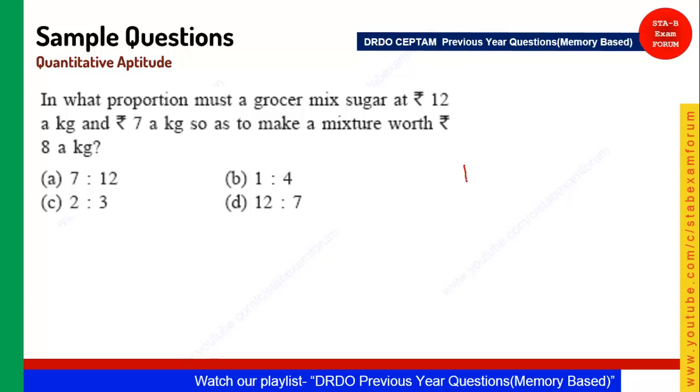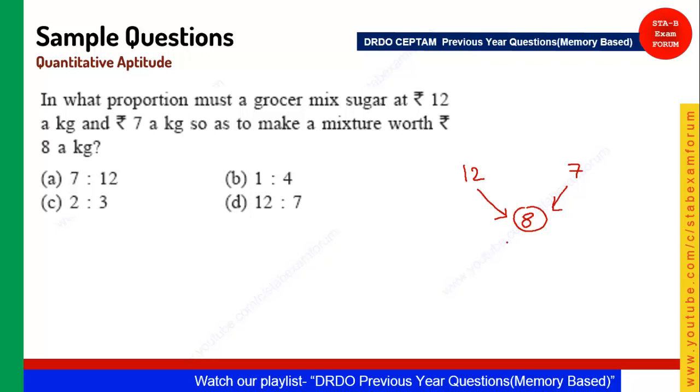There is sugar of 12 rupees per kg and sugar of 7 rupees per kg. What a person does, he mixes those sugars, 12 rupees kg and 7 rupees kg, and makes it 8 rupees per kg. You need to find out in what ratio they should be mixed to get 8 rupees a kg.